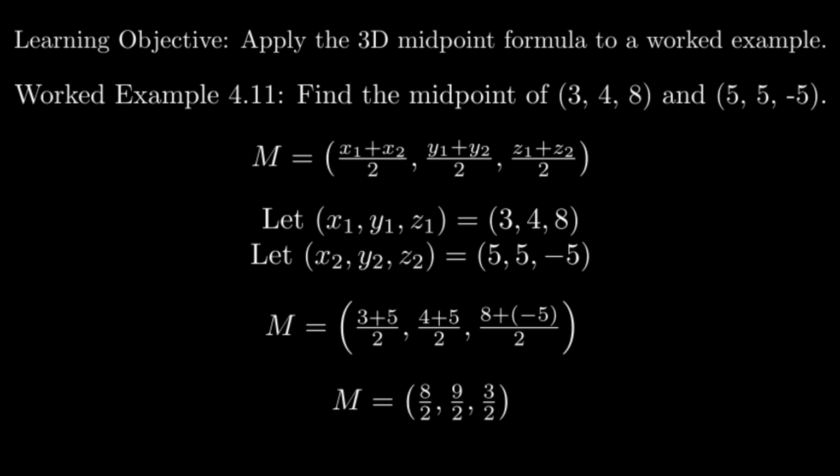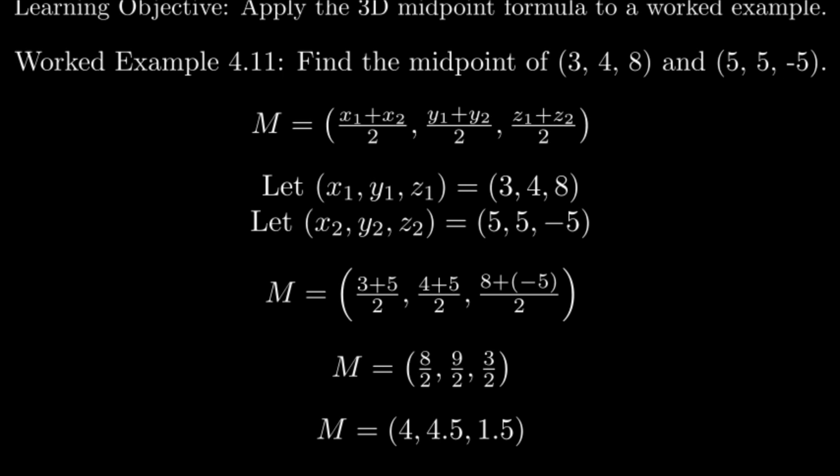Finally, we can write these as decimals or leave them as fractions. The coordinates of the midpoint are (4, 4.5, 1.5). This point is exactly halfway between our 2 original points. So we have successfully applied the midpoint formula. It's a straightforward process of averaging the x, y, and z coordinates separately.